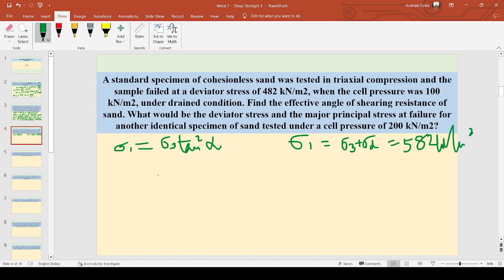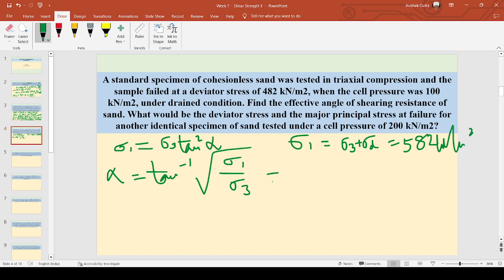Now using this, alpha equals tan inverse root of sigma 1 by sigma 3, because tan square alpha equals sigma 1 by sigma 3. From there we get the value of alpha.